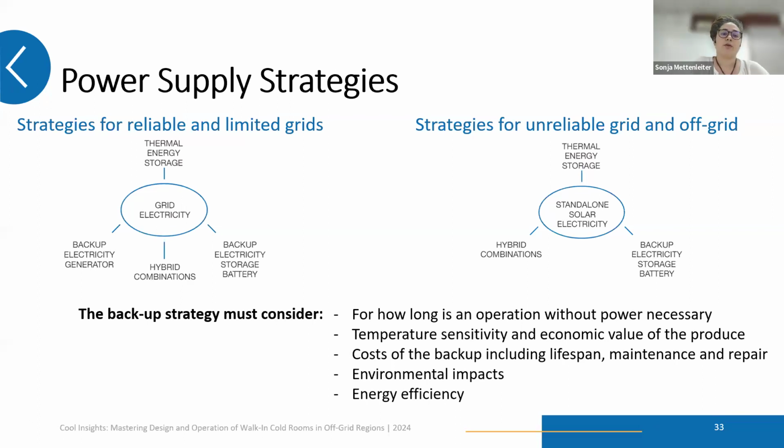When designing your backup strategy, things to consider are: for how long is operation without power necessary? Then also, how temperature sensitive is my produce inside the cold room, and what's the economic value of that produce?